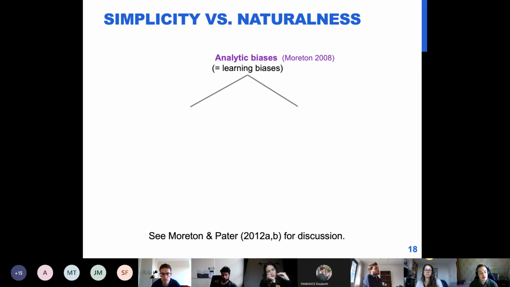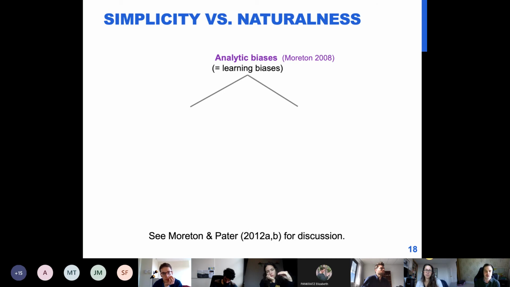So on the basis of this and some subsequent experiments that I won't talk about, a picture emerged, I would say, about how these biases work, at least in phonology. We can break down what Elliott Morton's term for this is analytic biases.